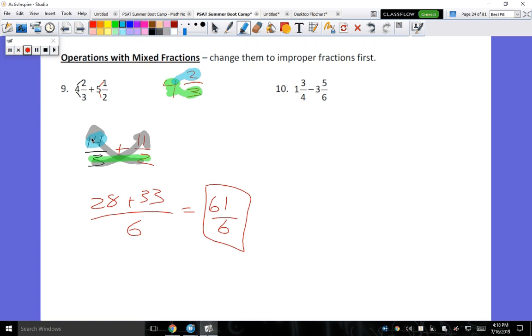Gotcha. Now check this out. The way this is written, I've always disliked it. And there's a lot of math teachers that also don't like the way this is written. This is written as 4 plus 2/3. The way they have it written right now, it almost looks like it should be multiplication to be 8/3.